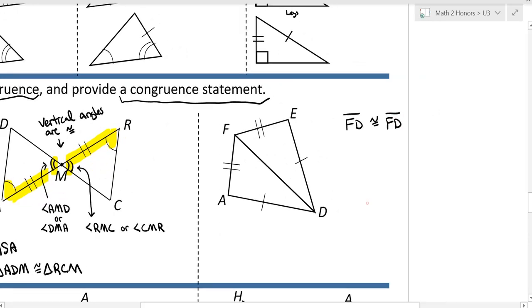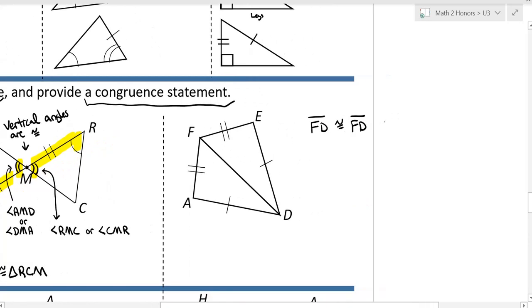There's a property that says things are congruent to themselves, and it's called the reflexive property. We're going to have to learn that, so I'll bring it up now. We have a shared side, and so we can say that FD is congruent to itself.